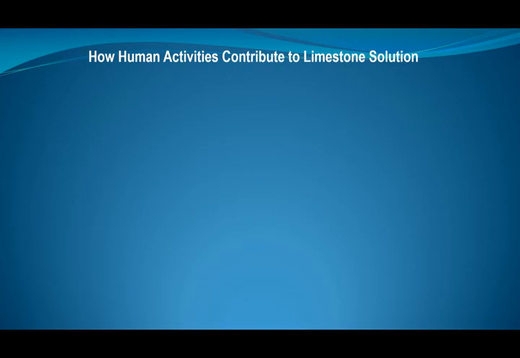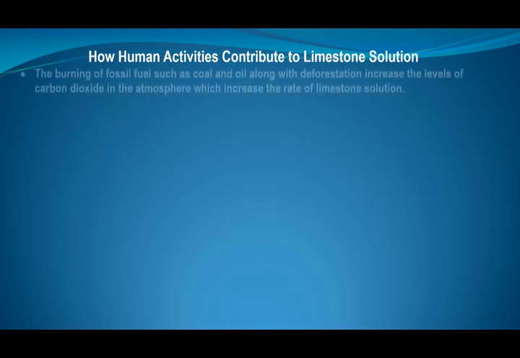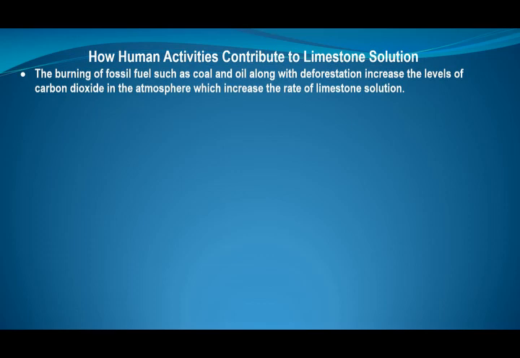Since we carry out daily activities as humans, our daily activities also influence the rate of solution within a limestone environment. For example, whenever we burn fossil fuels, we release a lot of carbon dioxide in the atmosphere.